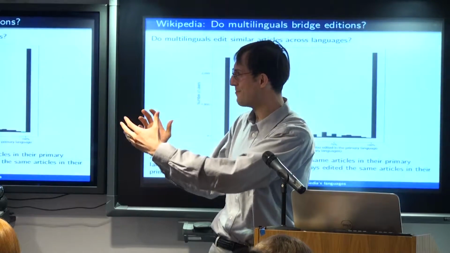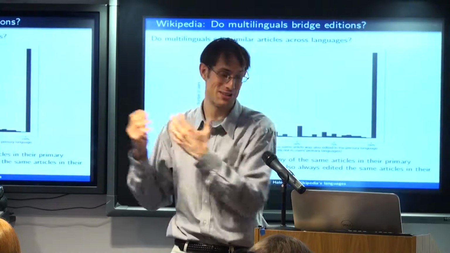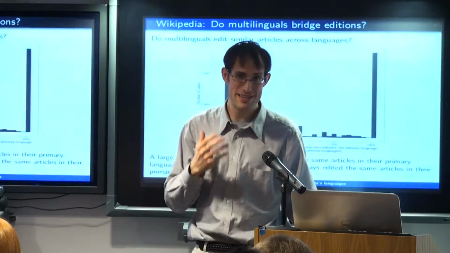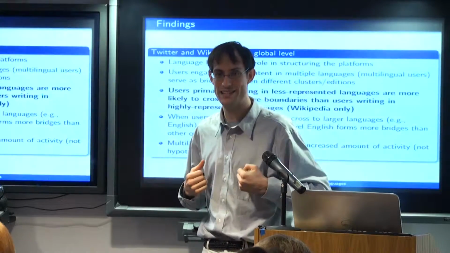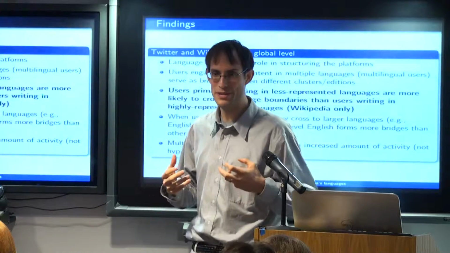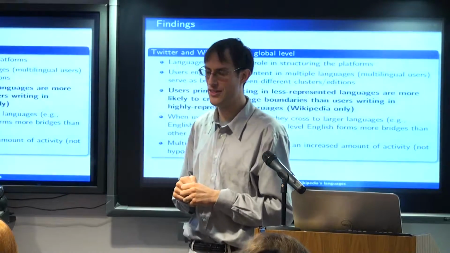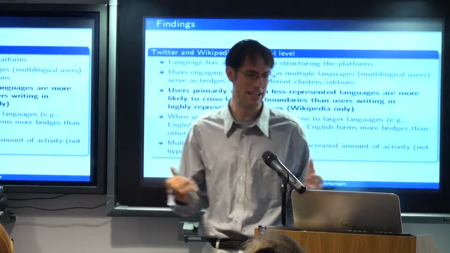There's still a group, about half, that are editing completely different articles, and about half that are editing the same articles. So there is definitely a potential to bridge across these language divides, and users editing multiple language editions could take information from one language edition and import it into another edition. And some users are doing it, but some are editing completely different things.